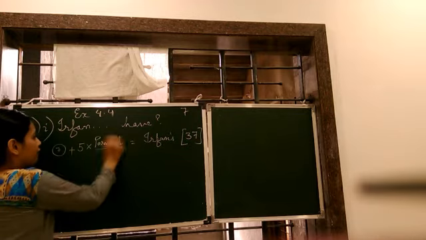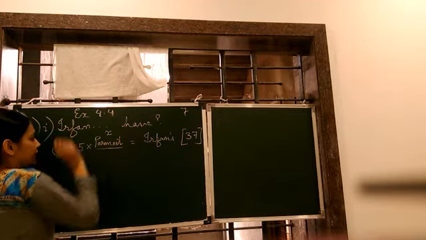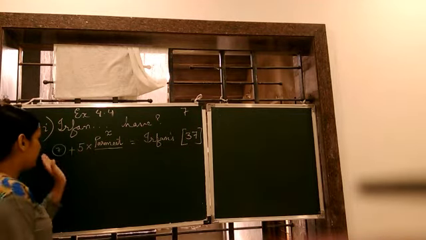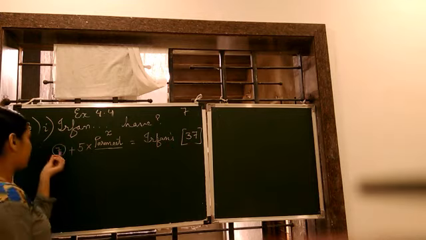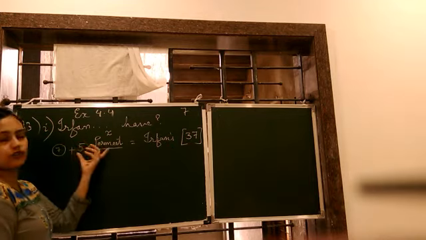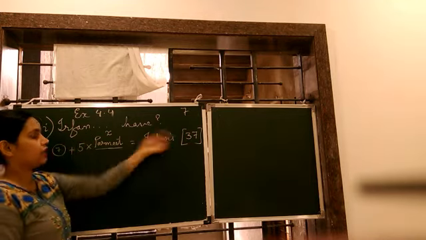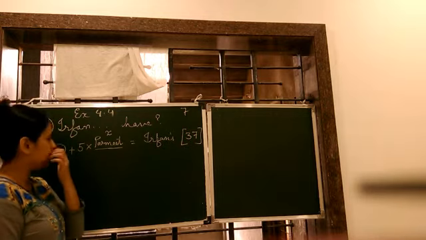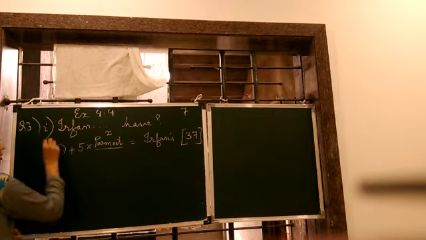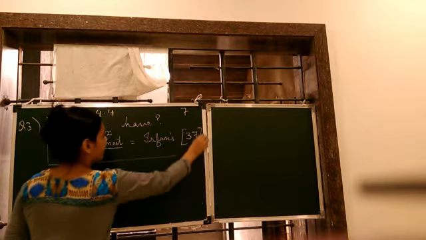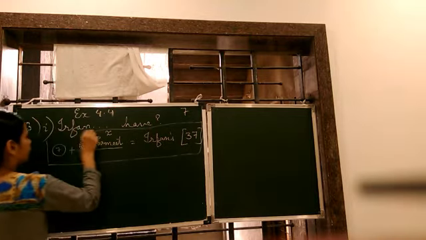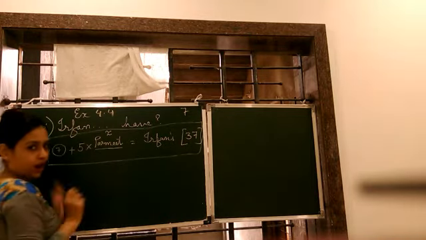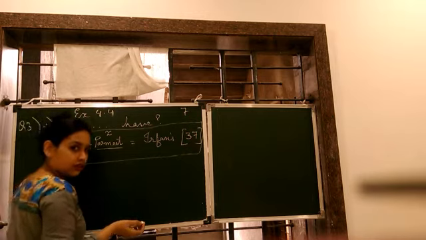Okay, so if we assume let Parmeet's marbles be x, then this is the equation: 5x plus 7 is equal to 37. So let's write the solution. This is the explanation which you can write before starting, so that you should know how you solved the question.